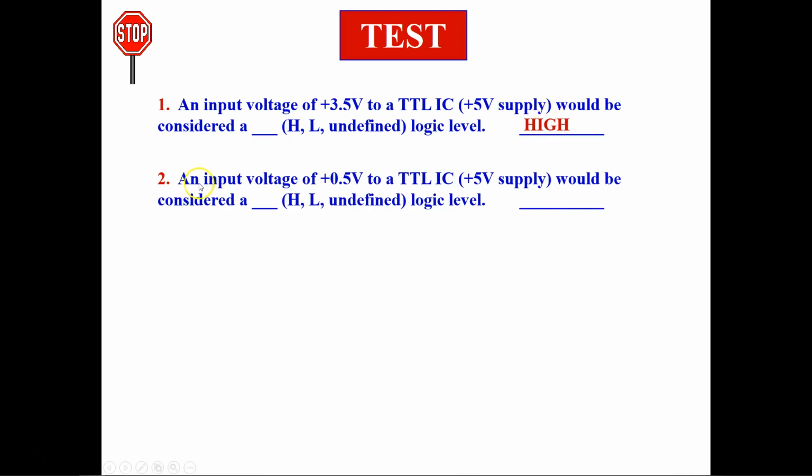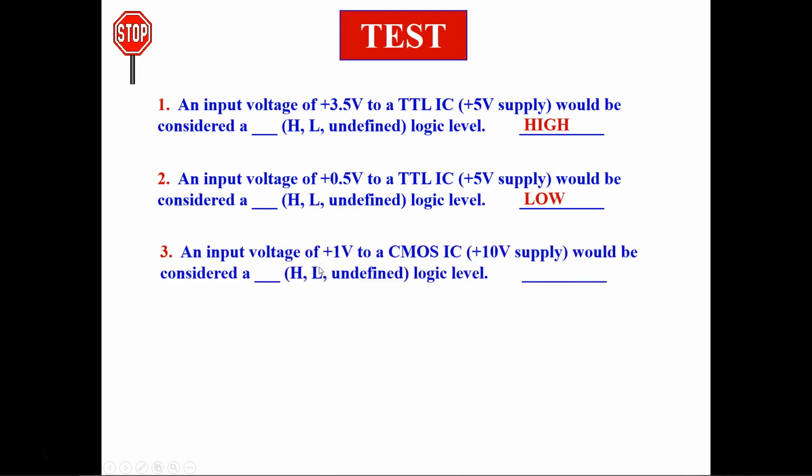Now let's see next. An input voltage of 0.5 volts to a TTL IC would be considered a high, low, or undefined. So 0.5 lies under 0.8, from 0 to 0.8. So this is going to be low. An input voltage of 1 volt to a CMOS IC, which is of 10 volts supply, would be considered high, low, or undefined.